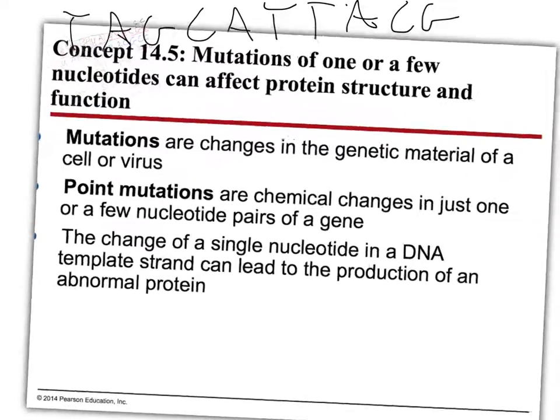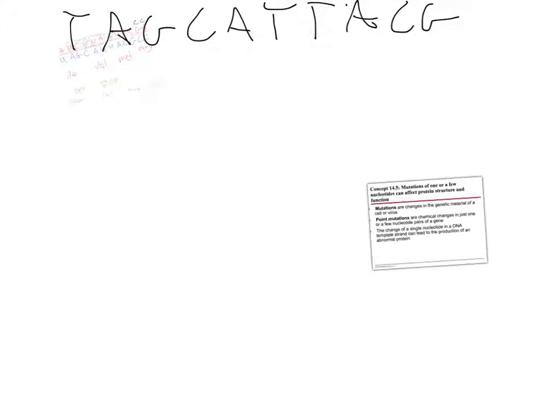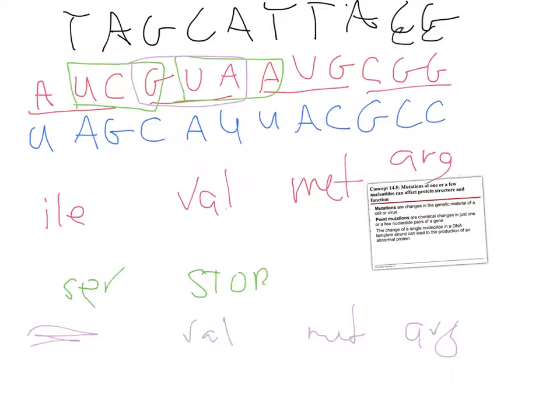All right, so let's look at the slides. Let's minimize that. So we have mutations, the change in the genetic material. I've talked about frame shift mutations. We could also have a point mutation. Point mutations change one nucleotide of that codon. Okay? So if we go back here and we look at valine.